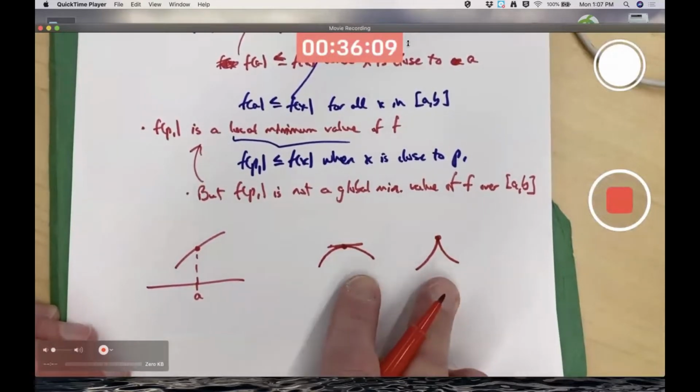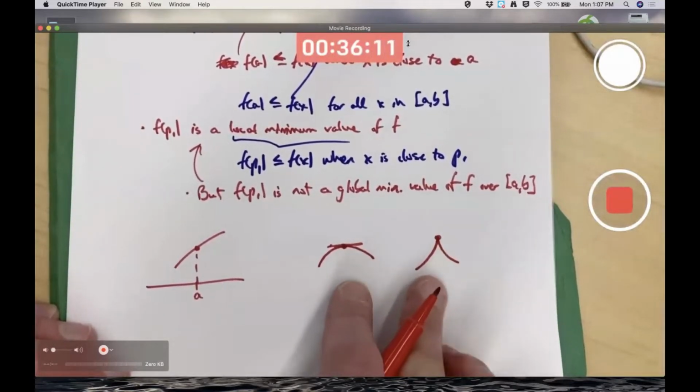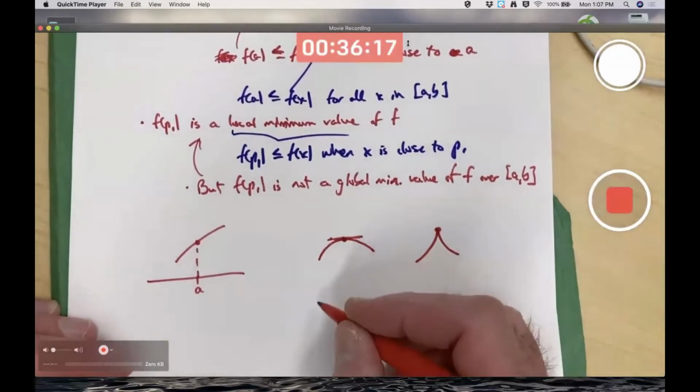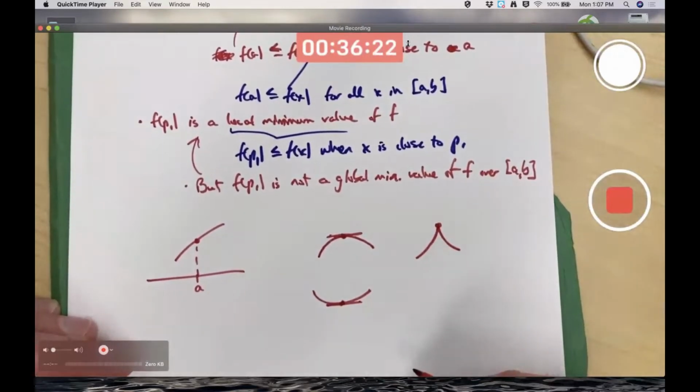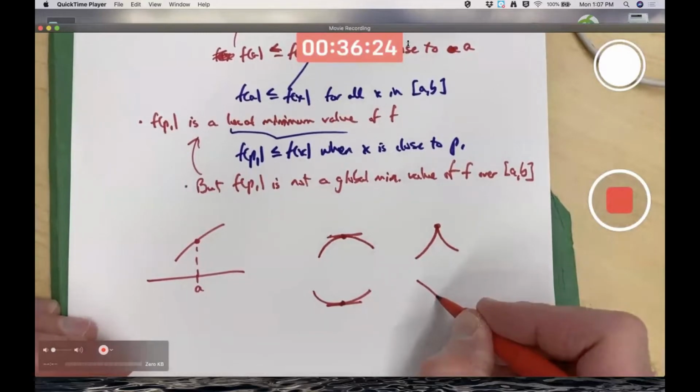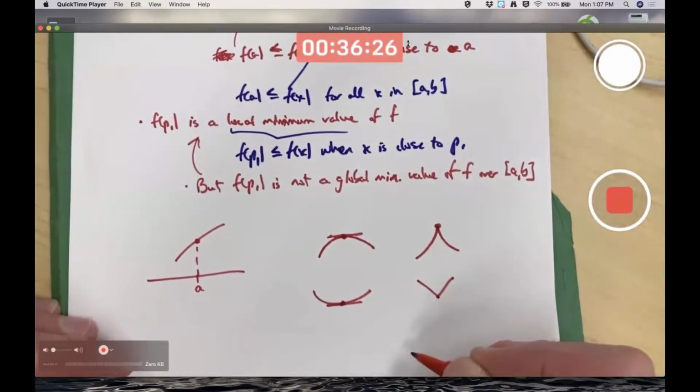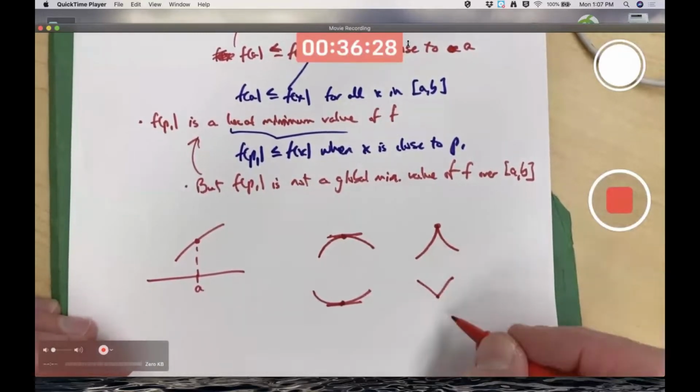Either case, you're at the top of a small mountaintop, right? You pretend these are mountains or hills. For valleys, for minima, you're either at the bottom of a bowl, a valley with a 0 slope, or maybe the function's not differentiable there. Either way, you're at a critical point.